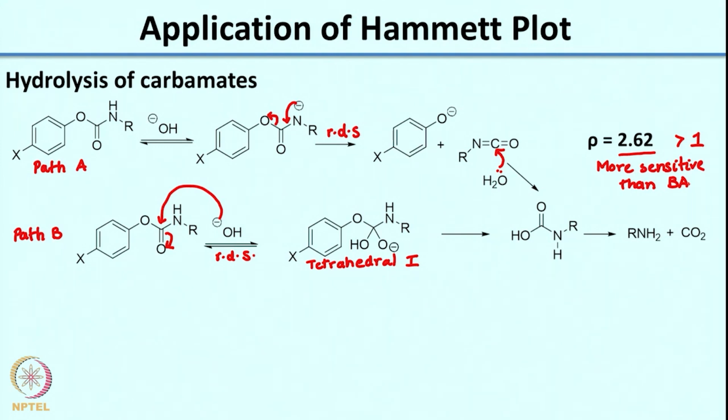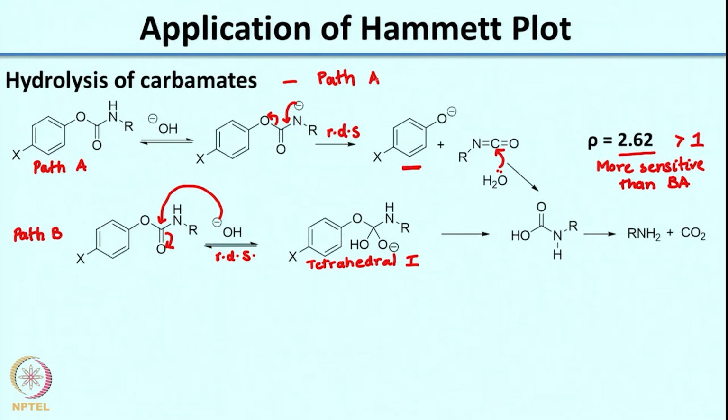So, now that you know this is more sensitive than benzoic acid, what you can say is that the negative charge that is formed in the intermediate would be highly influenced by the substituent, which could be seen in this case because you have the negative charge in conjugation with the aromatic ring. So, by this we can say that hydrolysis of carbamates is going through path A.